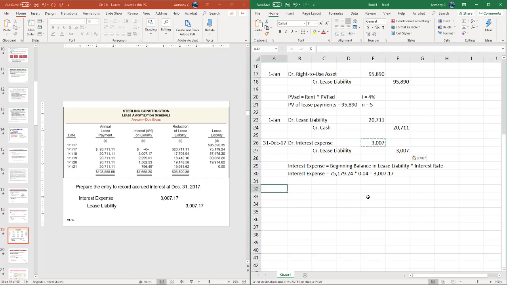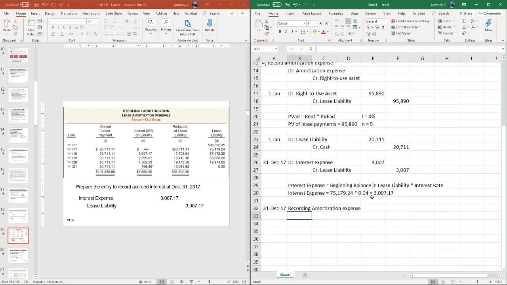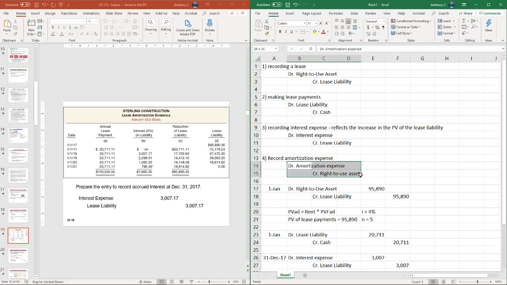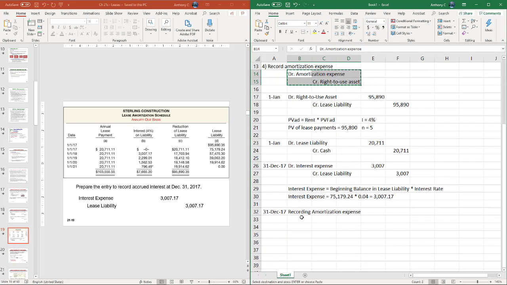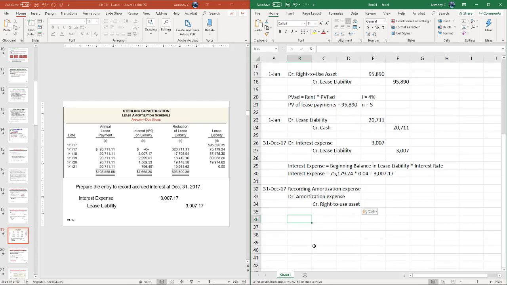Okay. The second thing we need to do at the end of the year is record our amortization expense. As I said above, we'll debit amortization expense and we'll credit the right to use asset. Now to amortize this, we're just going to use straight line amortization in this class.